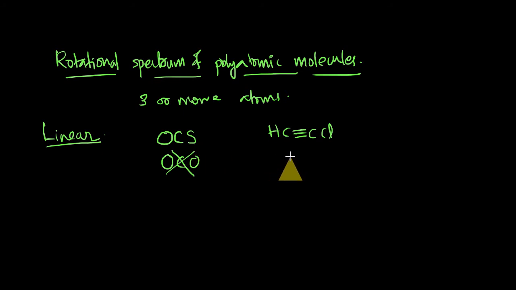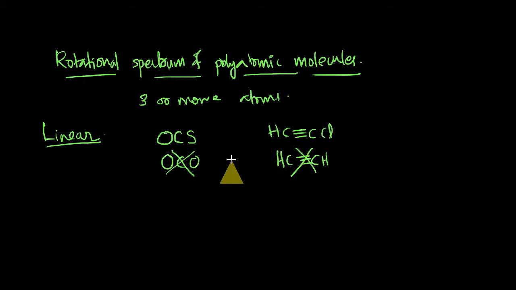Similarly, acetylene, HC triple bond CH, also does not have a permanent dipole moment, so it will not give a microwave spectrum. So we can conveniently consider HC triple bond CCl as a linear polyatomic molecule showing a microwave spectrum.